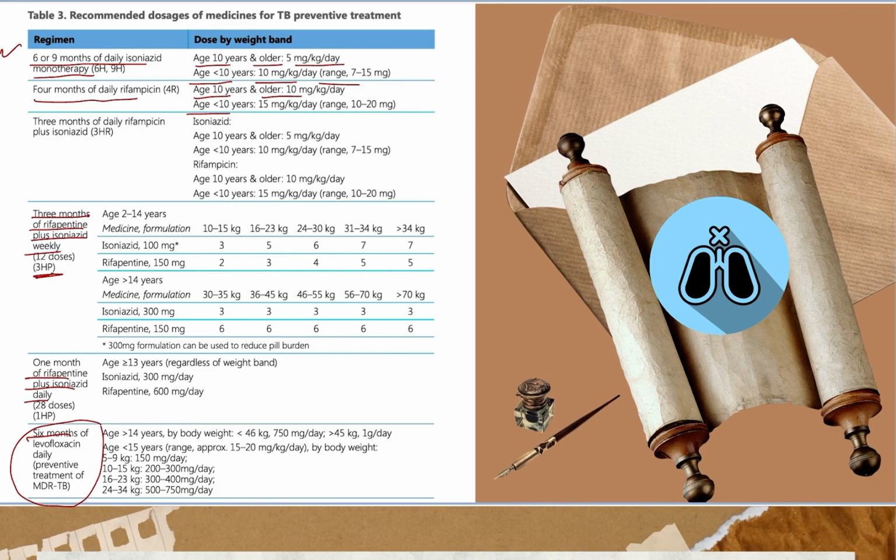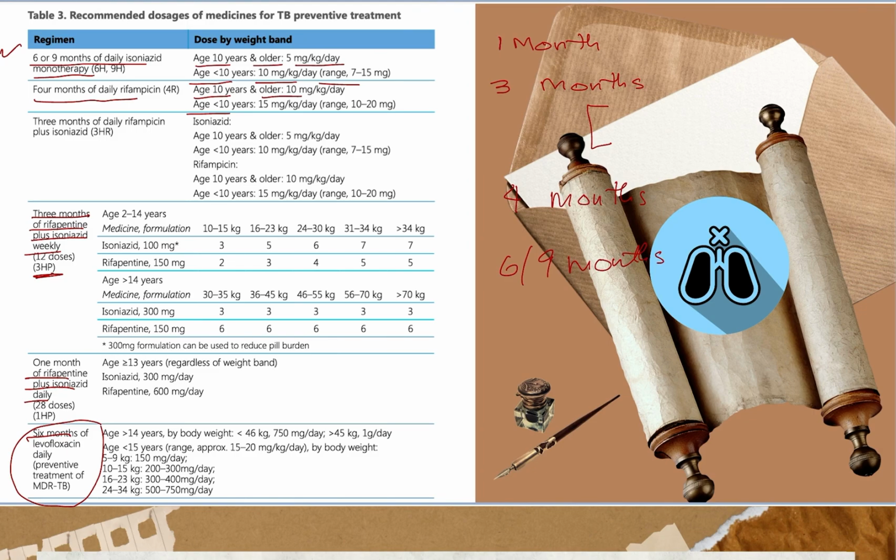So is it 1 month? Is it 3 months? In 3 months, we have two options. Is it 4 months, or 6 or 9 months?